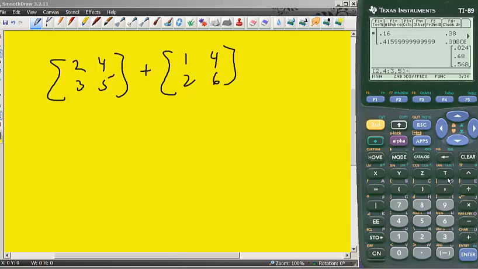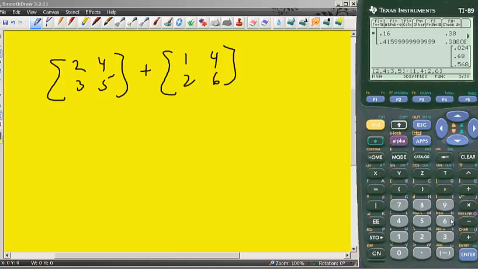Open bracket, and that is 1, comma 2, and then semicolon, and then 4, comma 4, and then semicolon, 2, comma 6. Close the brackets.